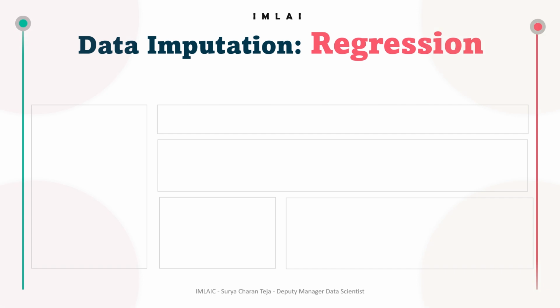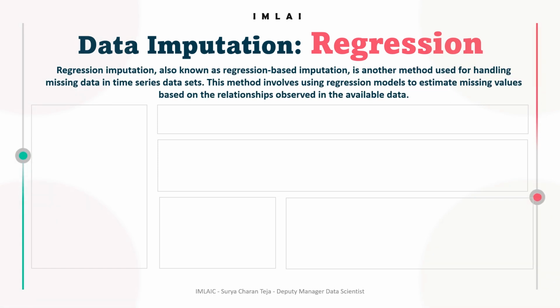This method involves using regression models to estimate the missing values based on the relationships observed in the available data.